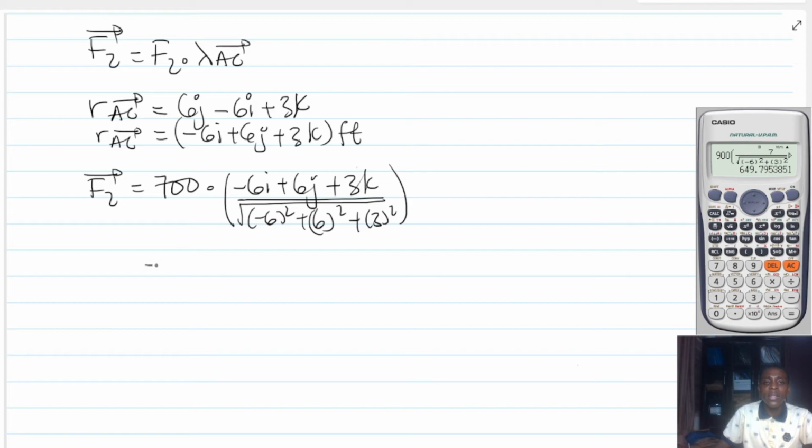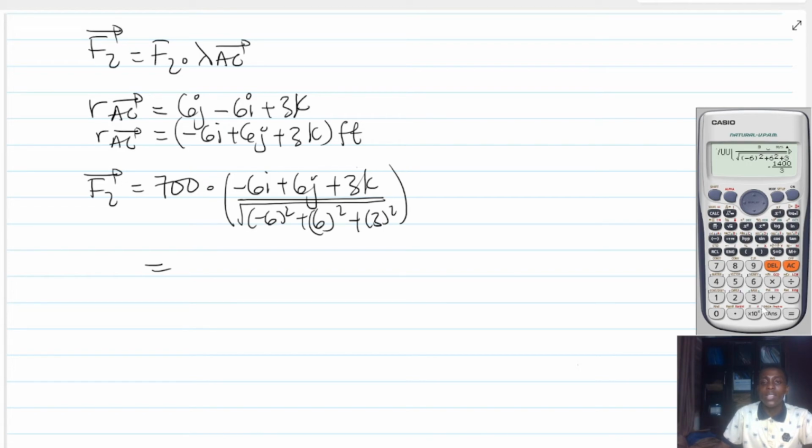Is that right? Now let's pick our calculators one more time. This time around, this is 700, and then minus 6, divided by the square root of minus 6 squared plus 6 squared plus 3 squared.